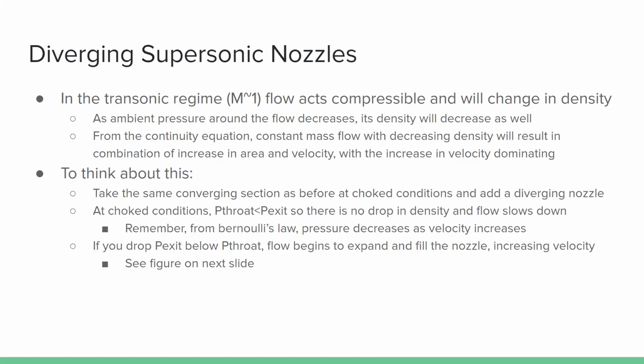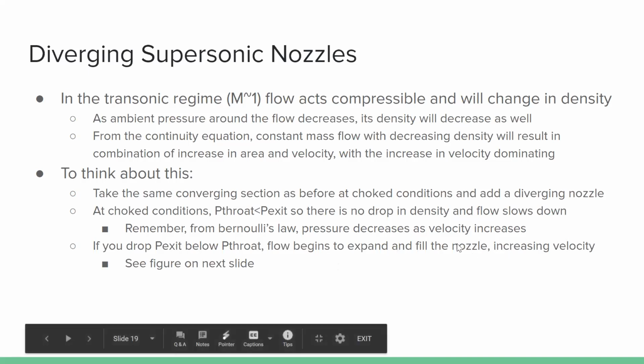Basically, from the definition of pressure, it's the force being exerted on whatever is containing it. There is nothing containing it anymore. The ambient pressure in the nozzle is now less than the pressure of the fluid, so it can expand out and stick to the walls of your diverging nozzle.